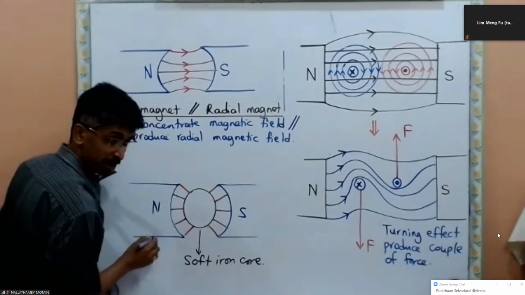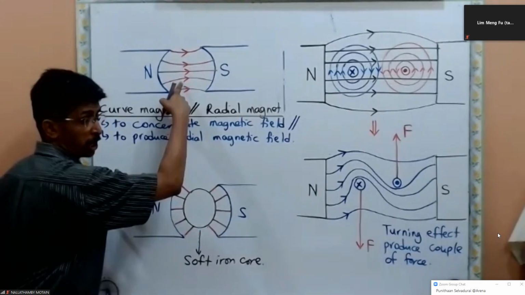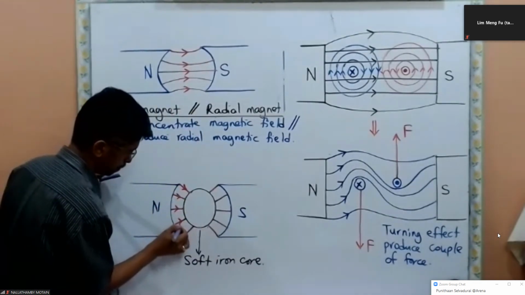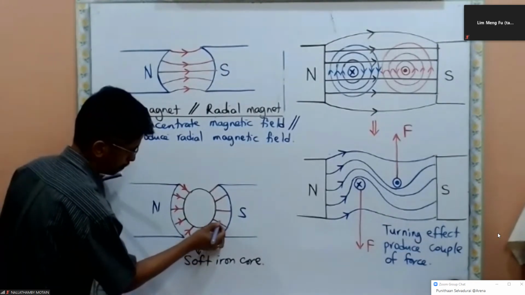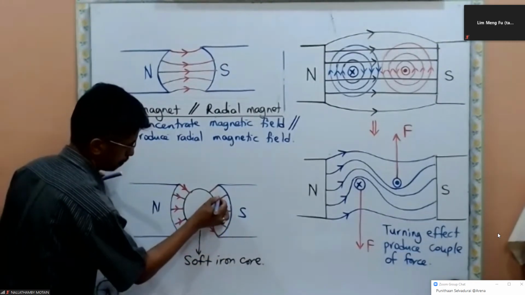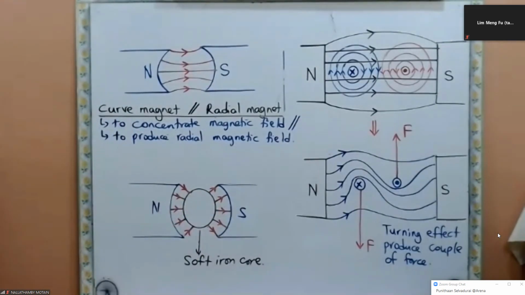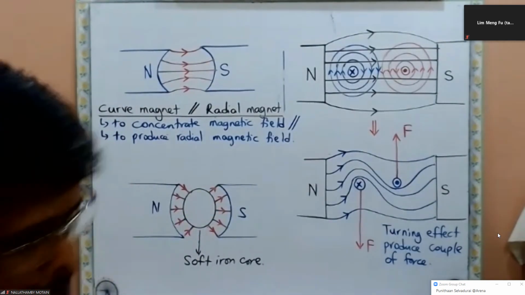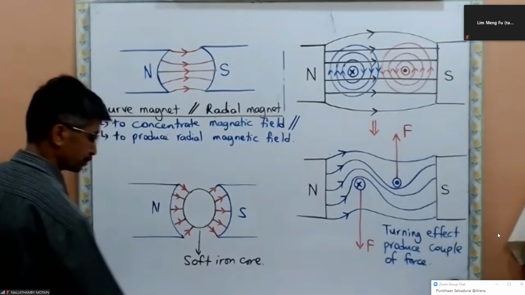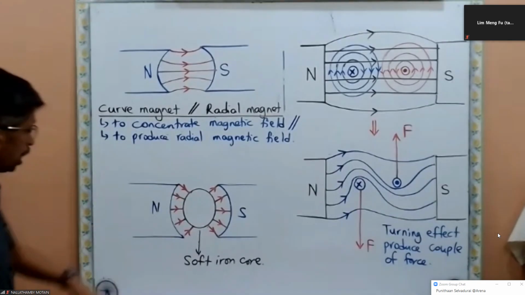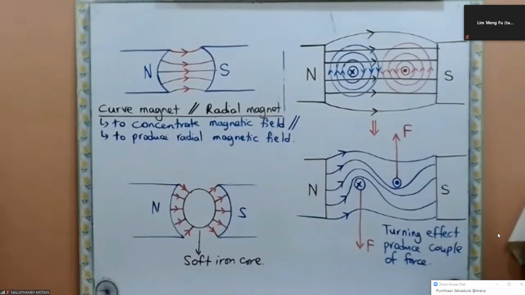So this is the correct answer if you place a soft iron core, but without the soft iron core, it will be like this. And don't miss the arrow.